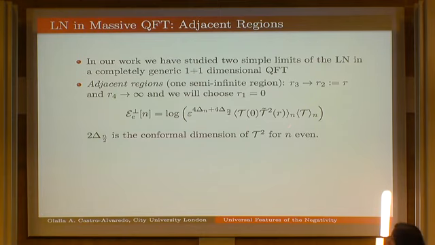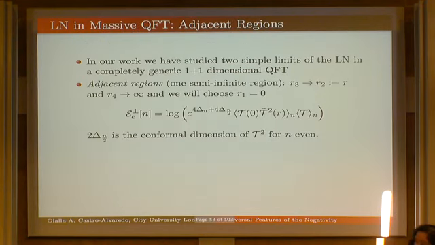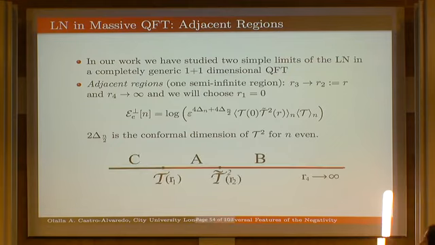But in addition, you also take the other field, the one sitting at R4, as being very far from everything else. So this is a situation of adjacent regions with one of them being semi-infinite. And in that case, you get something which depends on a 2-point function, which you can hope to compute by the usual methods. You have an expectation value in there, and you have this t-square field, which, as I discussed, has this conformal dimension at a critical point. So this will be the configuration we are thinking about.